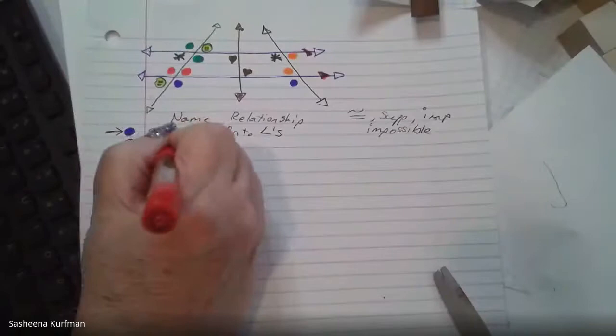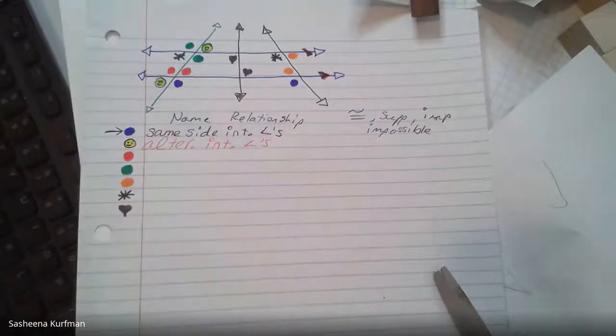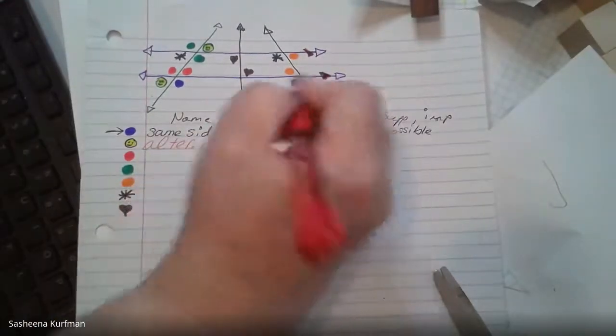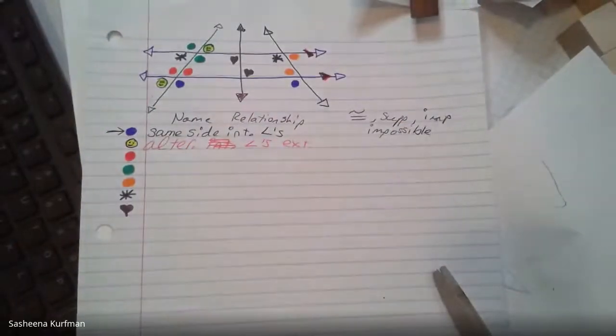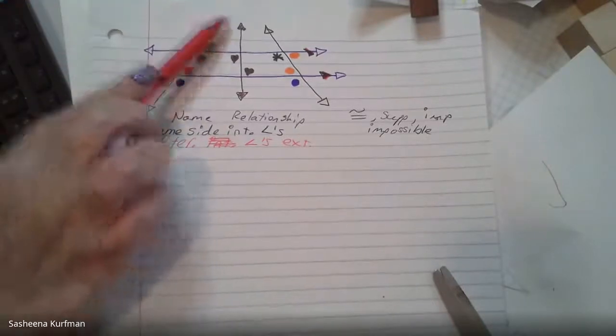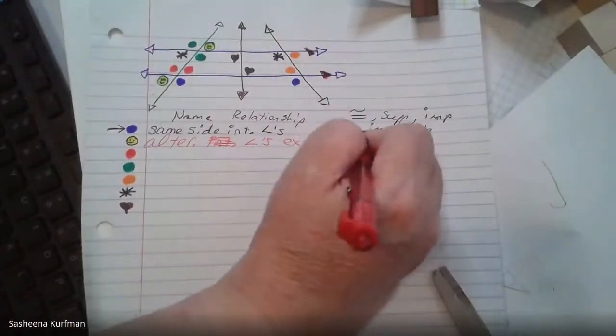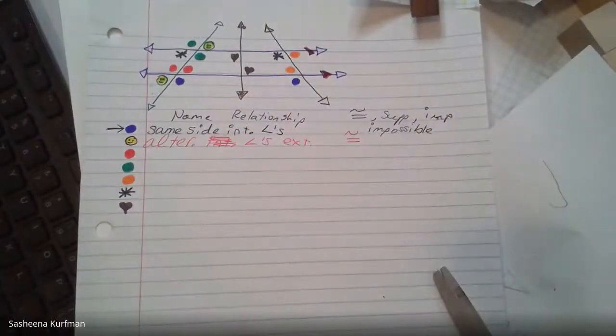So that makes them alternate exterior angles. And because they are created by the green line and the two parallel lines, we know they have a relationship and that they are, in fact, congruent when the lines are parallel.